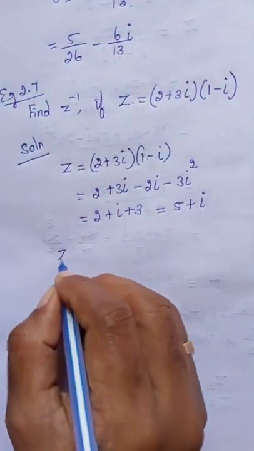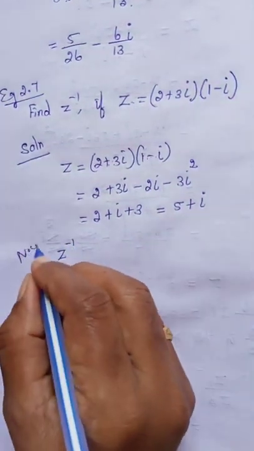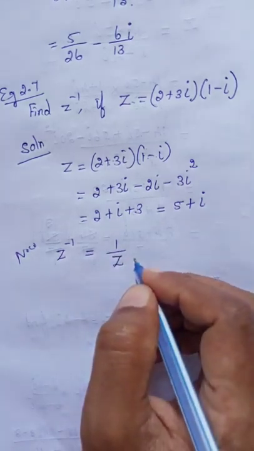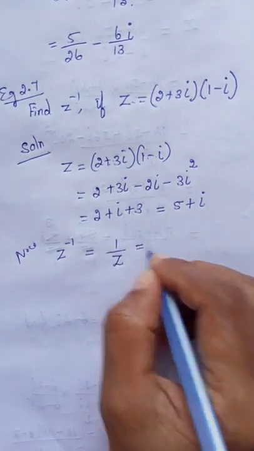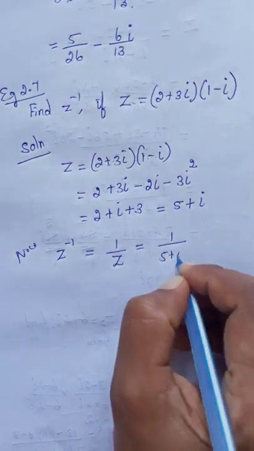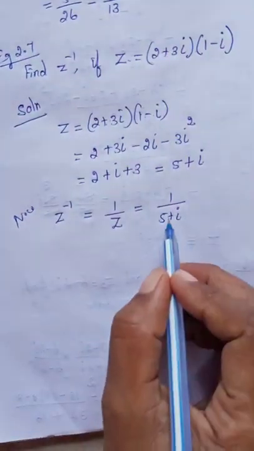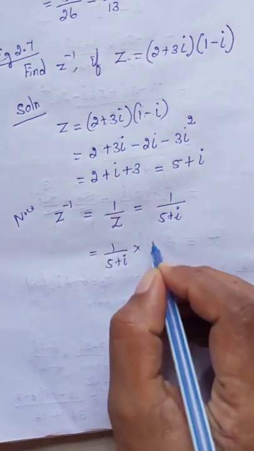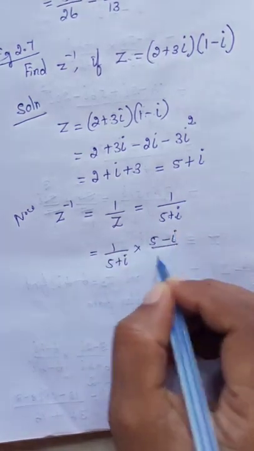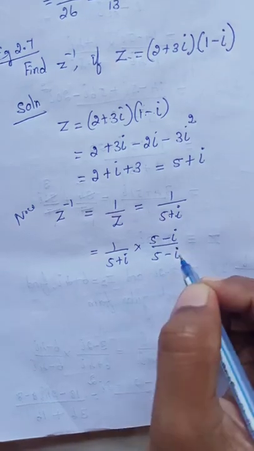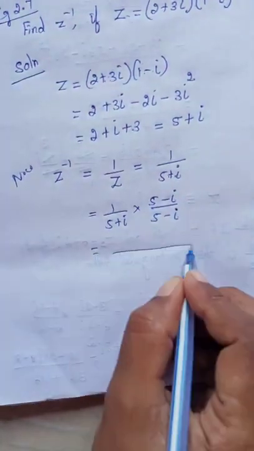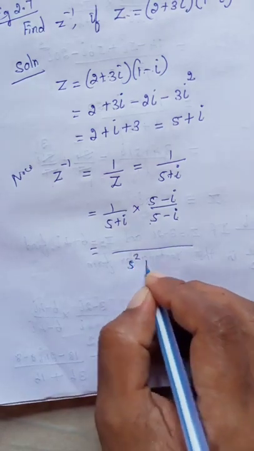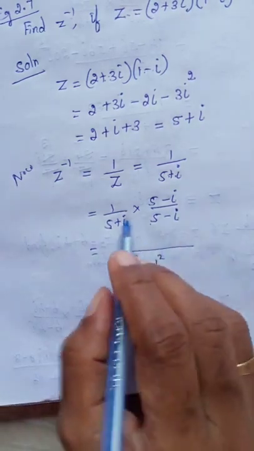Now, we can find Z inverse. Z inverse is equal to, we know that, 1 by Z, that is 1 by 5 plus i. So, in order to simplify, we have to take the conjugate and multiply both numerator and denominator. So, here x square plus y square, so 5 square plus 1 square.